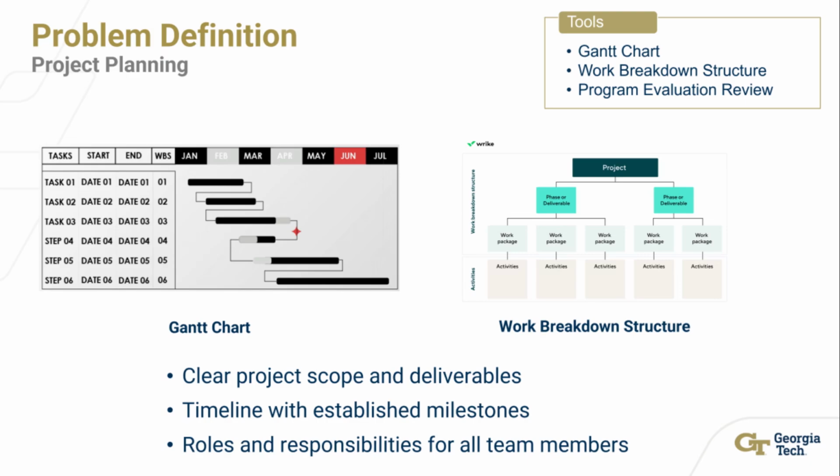Otherwise, a ton of time will be wasted as team members are unsure of what to work on or work inefficiently on tasks that are being done in parallel. A couple of very helpful tools to achieve this would be a Gantt chart, as shown here, or a work breakdown structure, or a program evaluation review. Now there are plenty more project planning tools available, and these are just some of the common ones that are used in mechanical engineering.